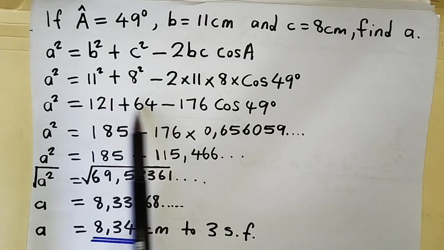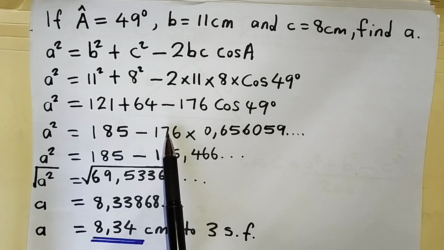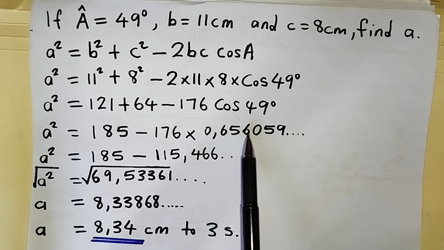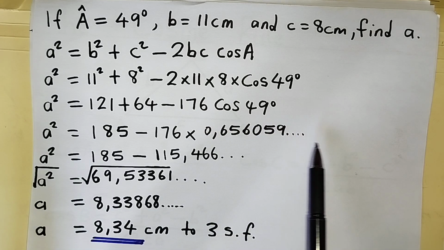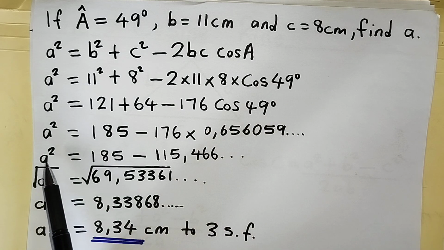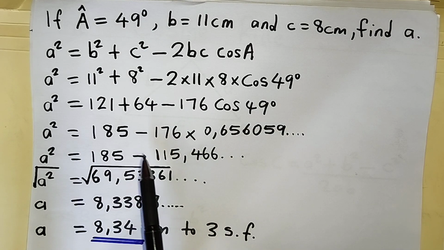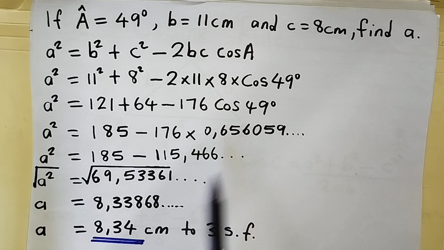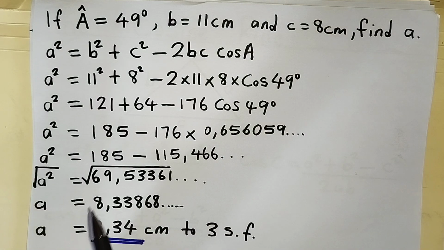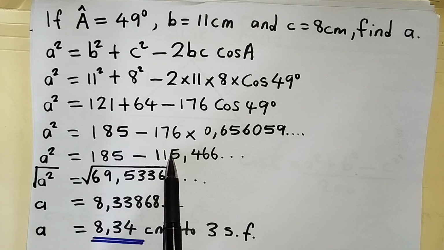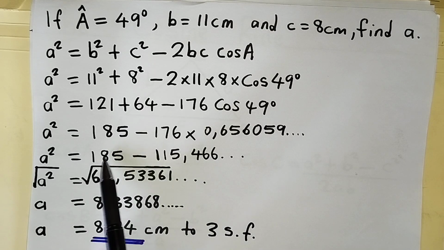We add these two values here, so I get 185 minus 176 multiplied by 0.656059 etc. Finally, my A squared equals 185 minus, here I multiply, so I get minus 115.466. So I find the square root of A squared and the square root of 69.53361, which is obtained after removing 115.466 from 185.